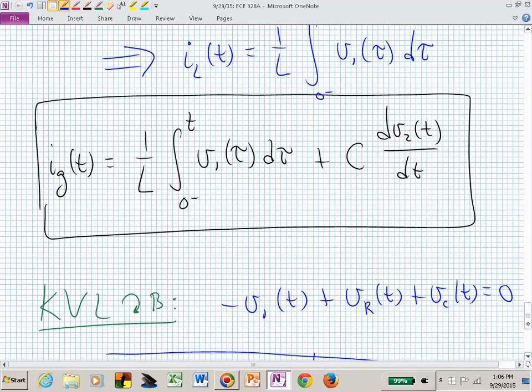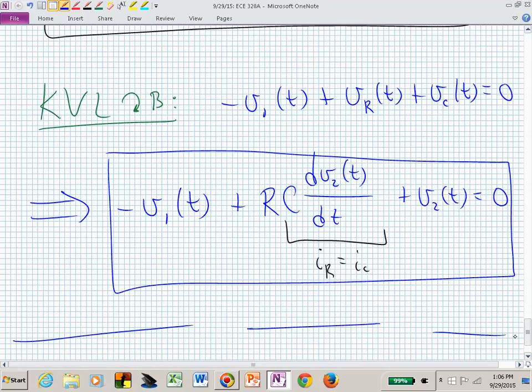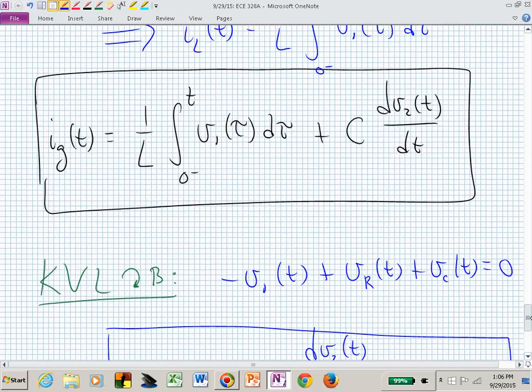These equations, though, now introduce some new time domain relationships that we might want to be able to put into the frequency domain. We know how to put derivatives into the frequency domain. We don't know yet how to take integrals and put those into the frequency domain.